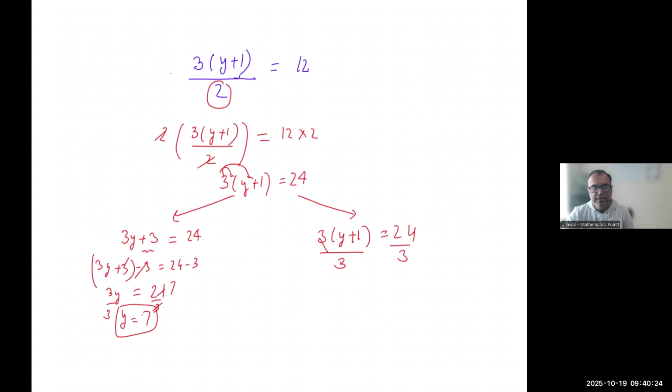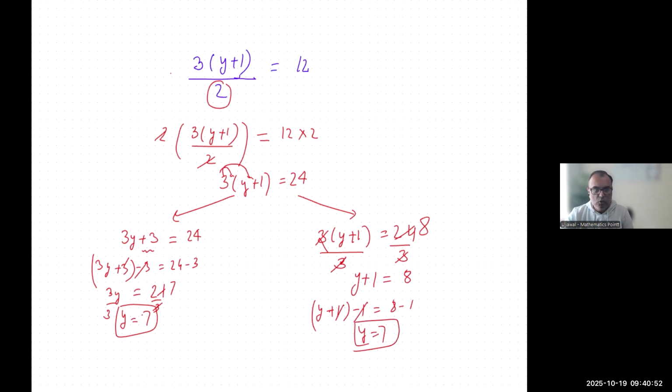So now this 3 cancels, and the expression on the left-hand side becomes y plus 1 equals to, on the right-hand side, 8. And then I say y plus 1, a positive 1, I have to take negative 1 on both the sides, and 1 cancels, y equals to 7.